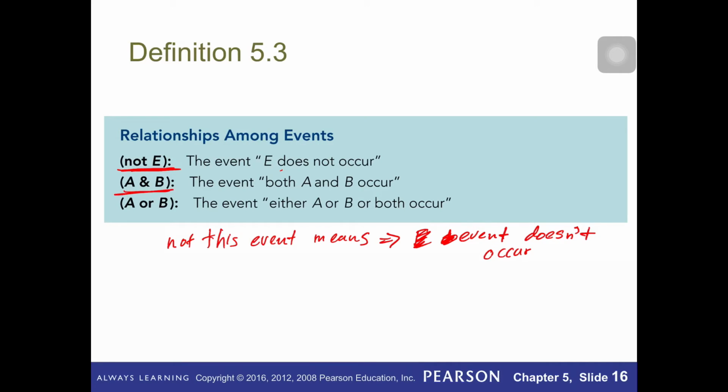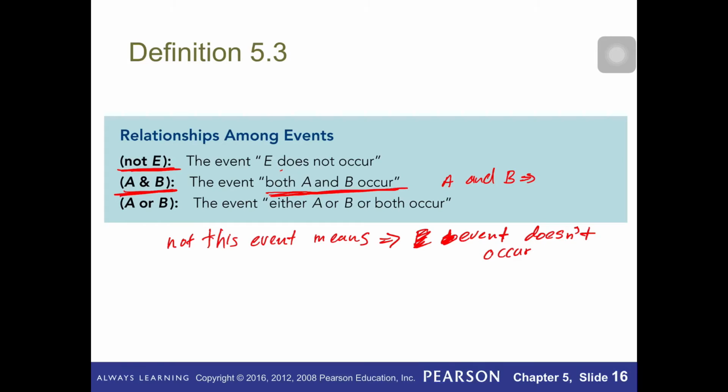Then A and B, event A and event B, which means both A and B occur. Remember this one, A and B. So both should be there. You have to consider both. Definitely you have to consider both.